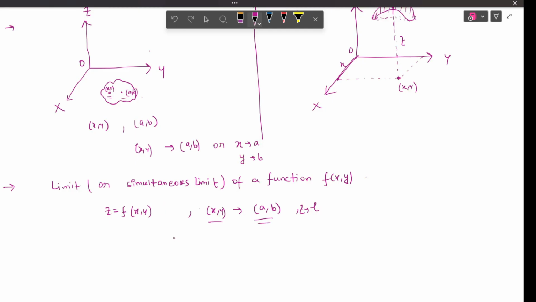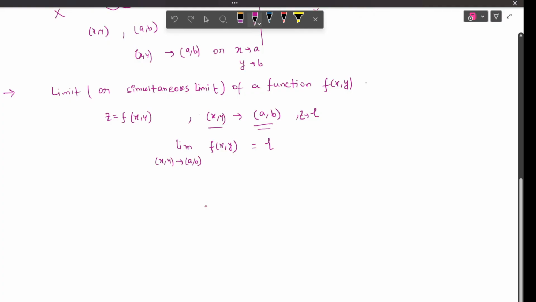So we can write in limit form: limit as x comma y tends to a comma b of f of x comma y, that is z, will give the value l. Okay, this is the representation of a limit in two variables.